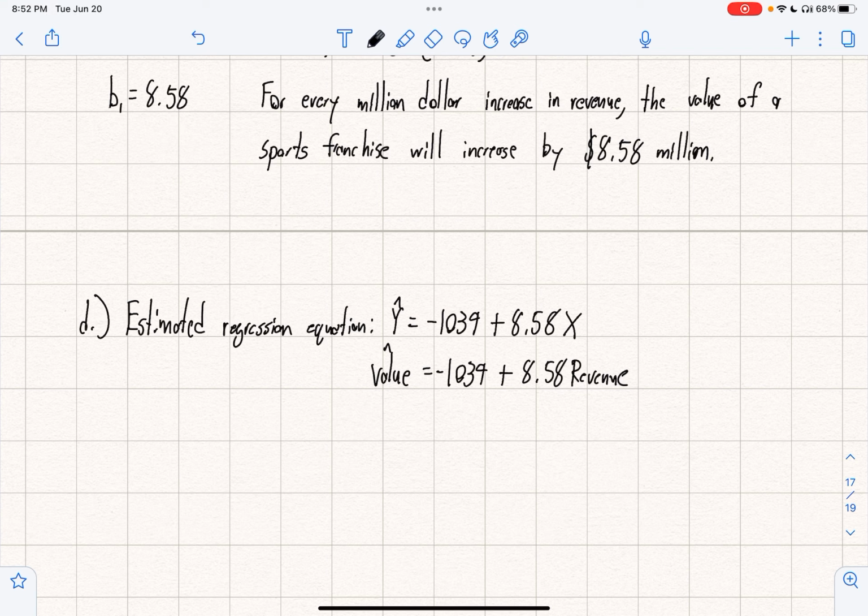So now let's do our prediction. So that would be y hat is equal to negative 1039 plus 8.58 times, what did we have? 250. All right, where did this 250 come from?